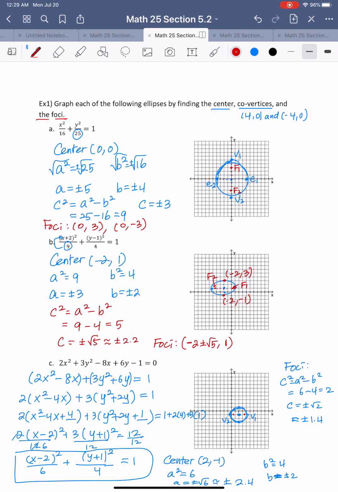All right, so now if I say foci, of course this is on the right, so use the center, which is 2, and plus minus rad 2 and negative 1. And for the co-vertices, same thing too. So you use the center, which is 2 and negative 1.